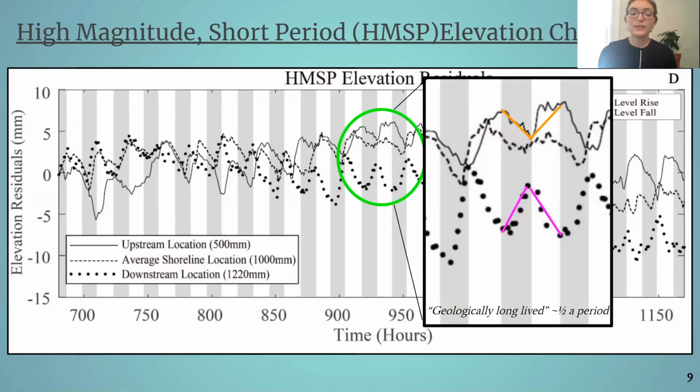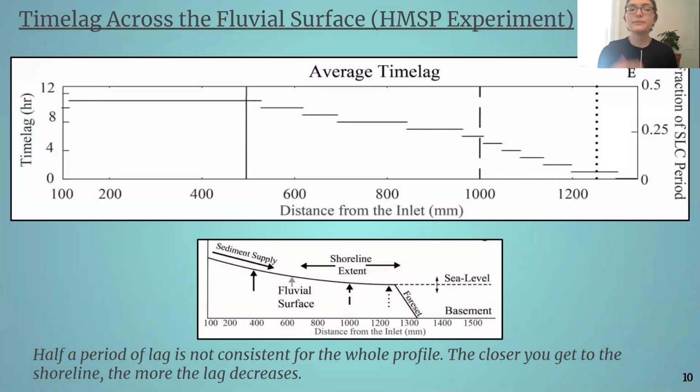So once I identified this time lag in the response, the next step was to quantify it across the whole fluvial surface. And here's that plot, where the x-axis is the distance from the river inlet, right, just like down here, and the y-axis is the time lag in hours over here. We do have a secondary y-axis that's the fraction of the sea level cycle period.